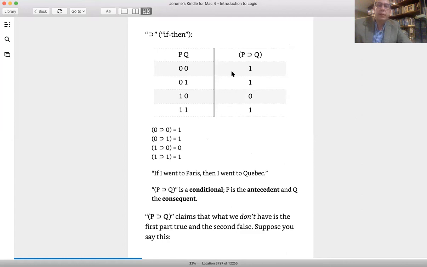And here is our friend, the conditional. Again, if P then Q, Gensler writes, claims that what we don't have is the first part true and the second false.